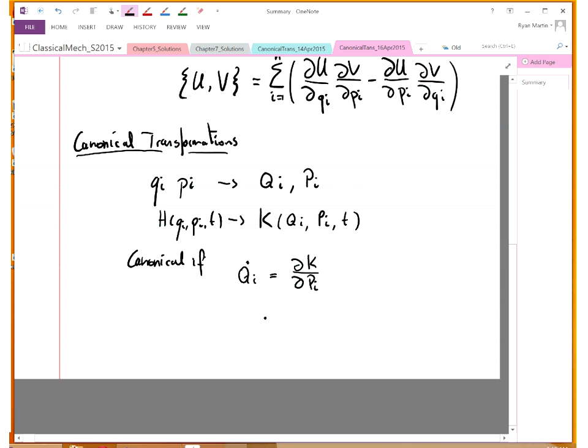By that I mean it's still true that capital Q_i dot is equal to ∂K/∂P_i, and capital P_i dot is equal to minus ∂K/∂Q_i. So it's a canonical transformation if in the new coordinates and the new Hamiltonian, the canonical equations are still satisfied.